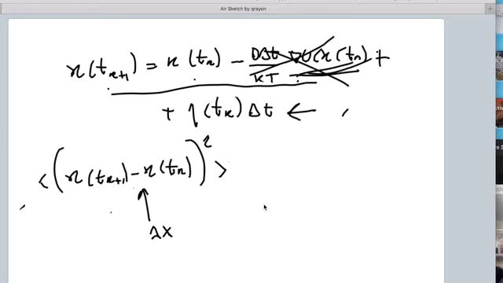Let's ignore it for a moment, and we will see later that we can do that provided the delta t is small. If I ignore that, then this is basically the correlation function of my noise function. And by applying this equation of motion, you discover that this is nothing but essentially eta t_k, delta t.